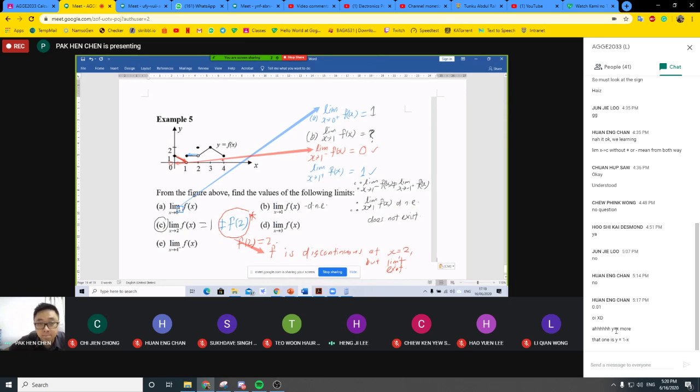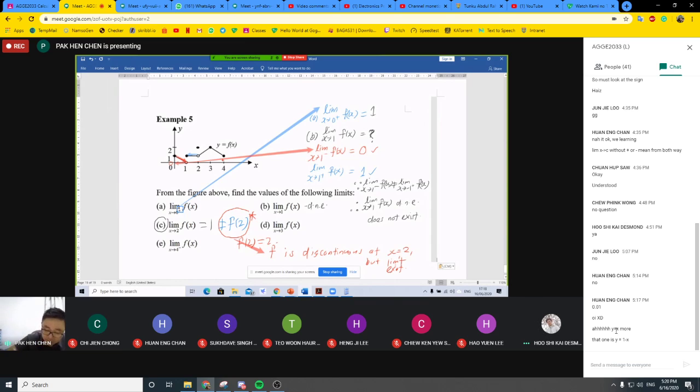Understand what I'm saying? Yes or no? Yes, sir. All right. Sir, I don't understand how it is discontinuous at 2 and the limit is 1. Sorry, come again, your question is? The f is discontinuous at x equals 2.